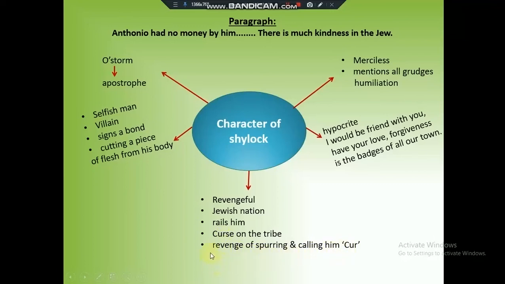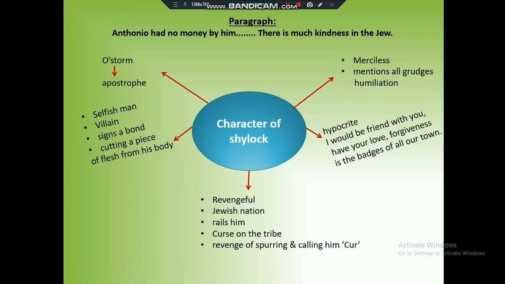Cur means dog. You can observe here the attitude, the response, the reaction of Antonio. Antonio is a hero, protagonist of the play. But this is the aspect that being Christian, he should not have done this.